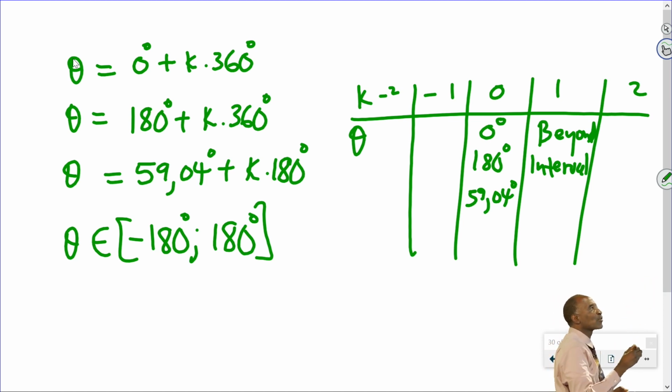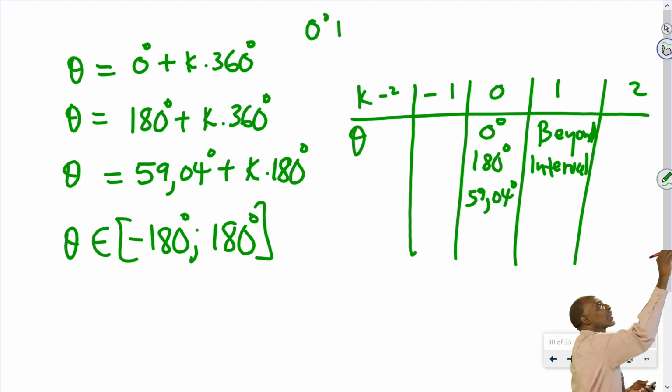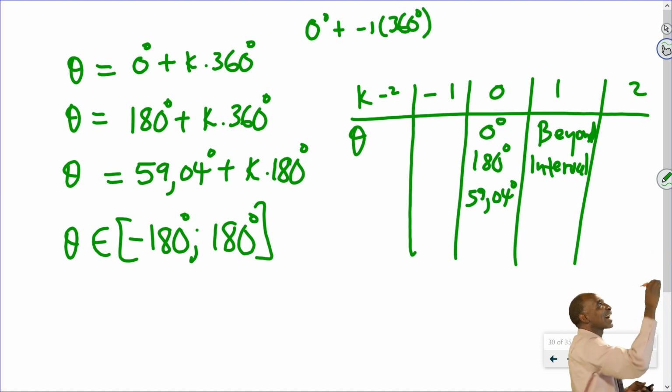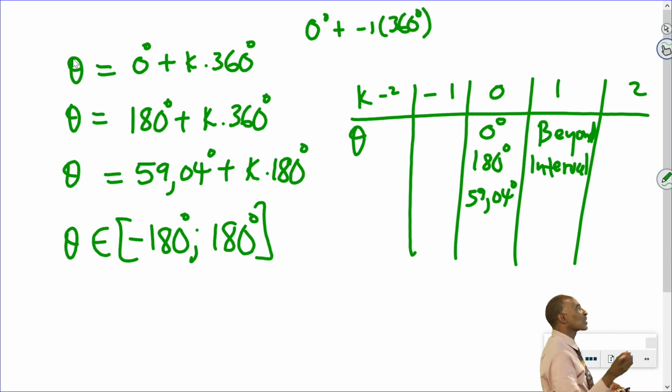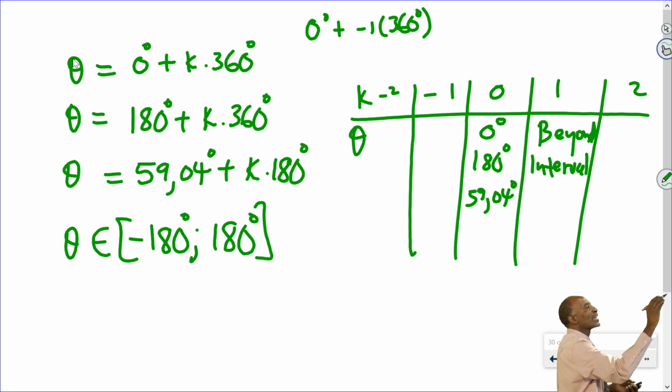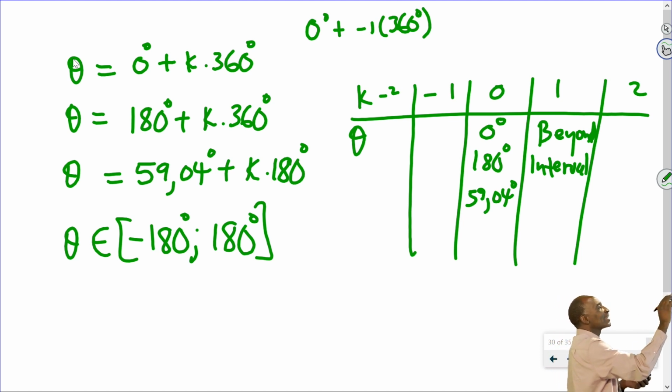I come to -1. When k is -1, the first one is out, meaning it's 0 degrees plus -1 times 360 degrees. Yet the cutoff is -180, so it's out. In the second one, when k is -1, this is 180 minus 360, which is -180. That one is in, it was a closed interval.